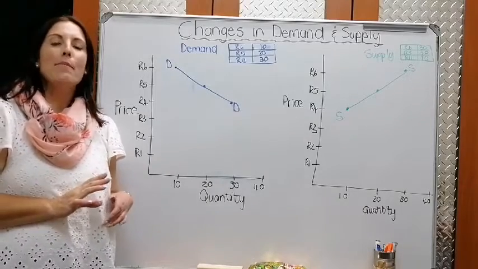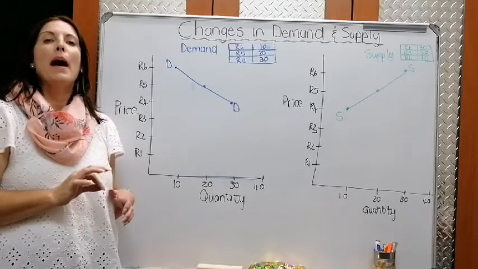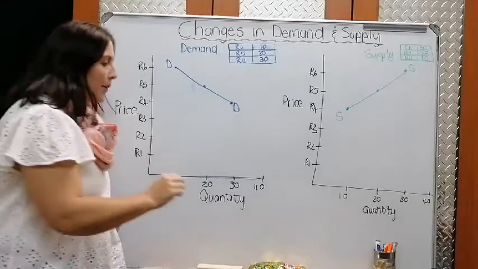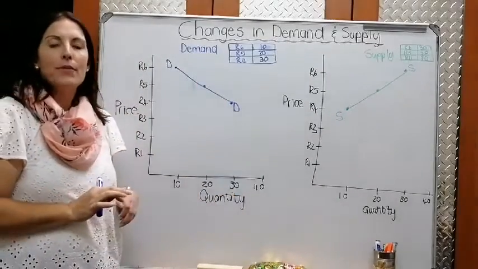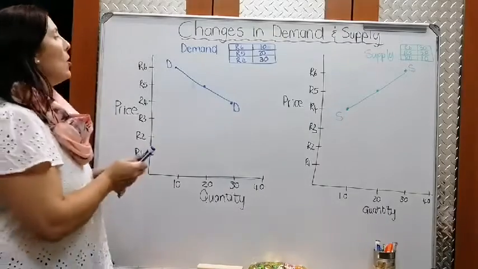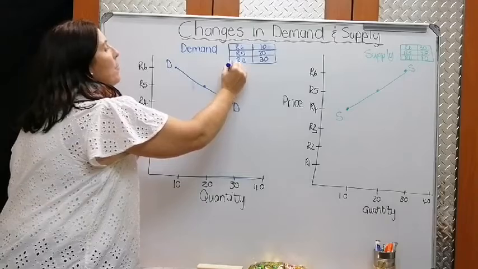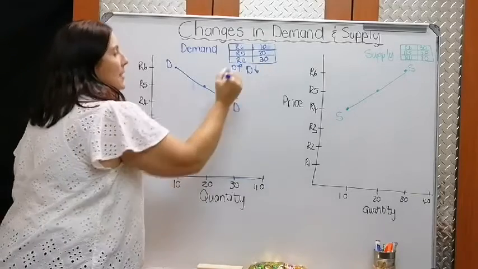Now let's just recap a little bit of what we have learned so far about demand and supply. You can recall that we said right in the beginning of our first session, what is the law of demand? The law of demand is if price goes up, then demand goes down.